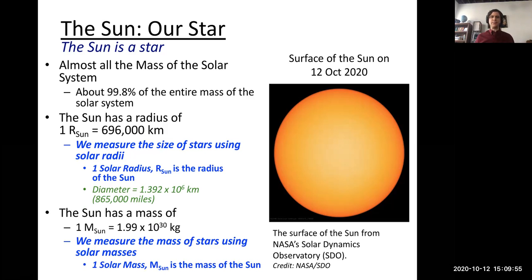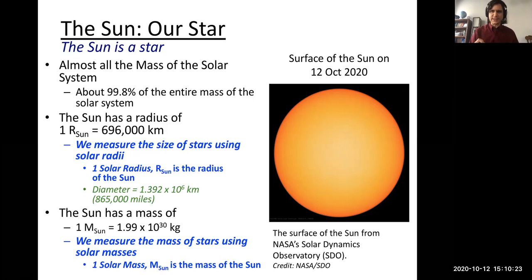Okay, so that's one way to talk about how big it is. If it contains 99.8% of the mass of the solar system, how much is that mass? How massive, how much stuff is in the sun? The sun has an incredibly large amount of mass of 1.99 times 10 to the 30th kilograms. For comparison, the Earth is 5.97 times 10 to the 24th kilograms, making the sun 1 million times more massive than the Earth.